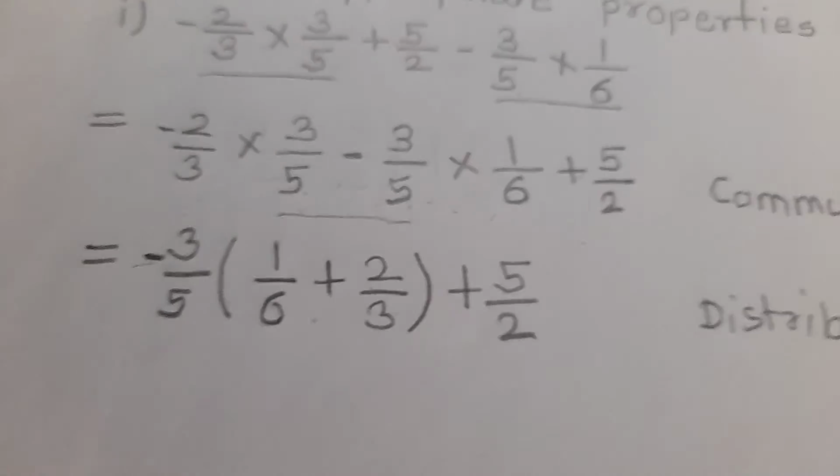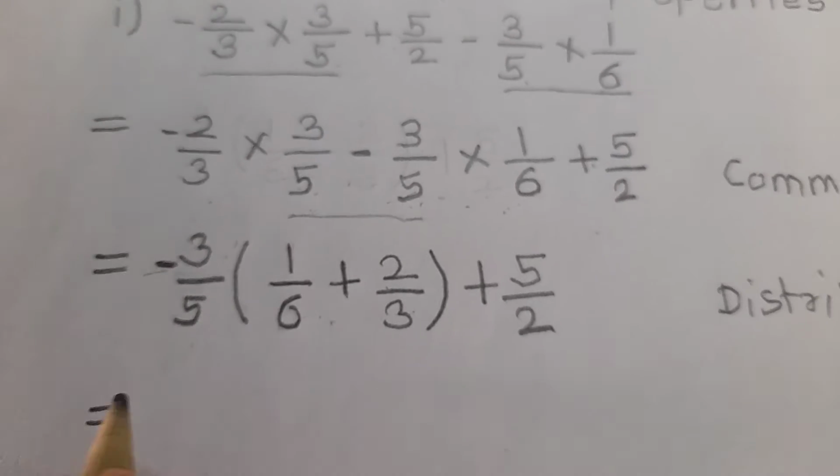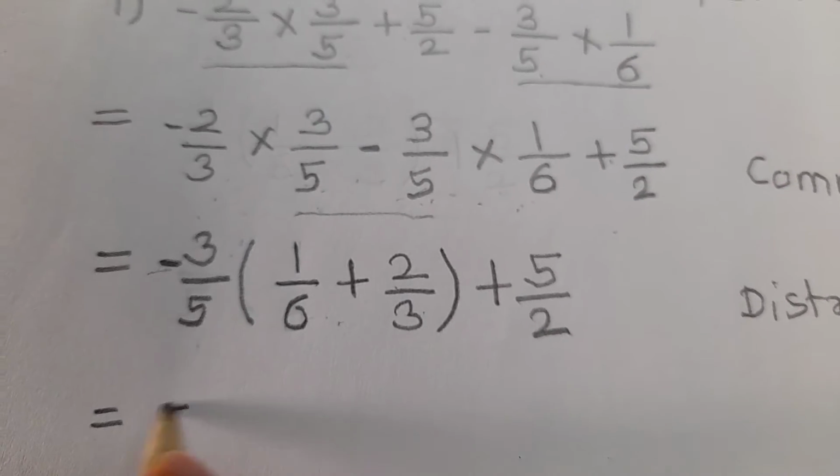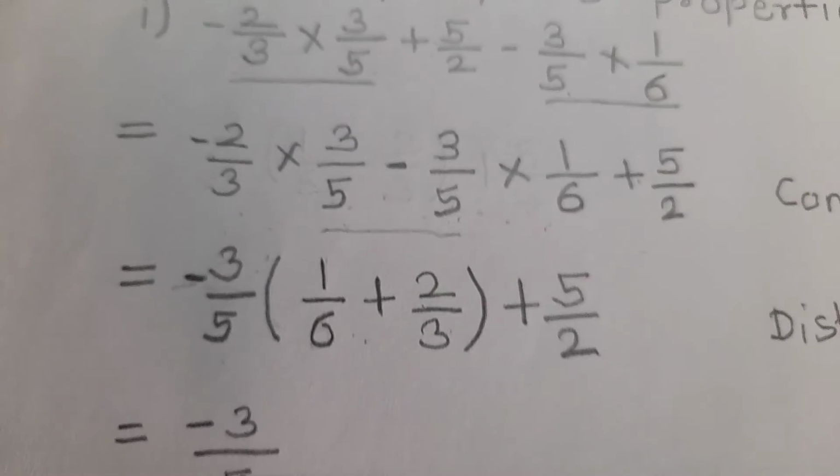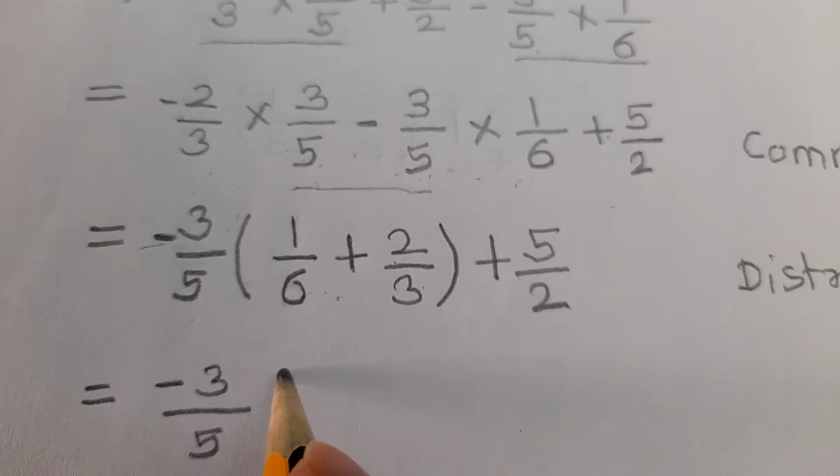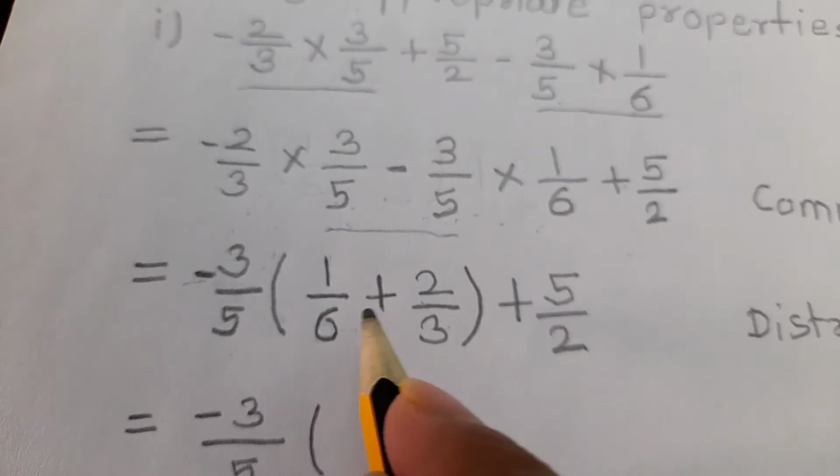The next step is equal to minus 3 upon 5 in bracket. We need to take the LCM here.